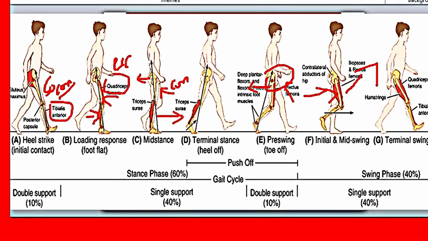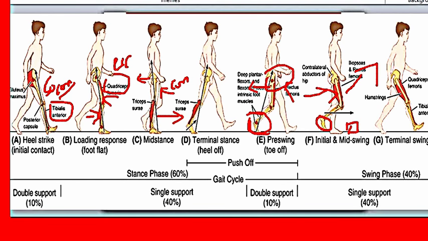However, the gastroc and the posterior tibialis group are now acting concentrically. They transitioned from eccentric activation to concentric activation. And then in the swing phase, you have flexion of the hip, and also knee flexion via the hamstring, and dorsiflexion via the anterior tibial group concentrically in order to overcome obstacles.